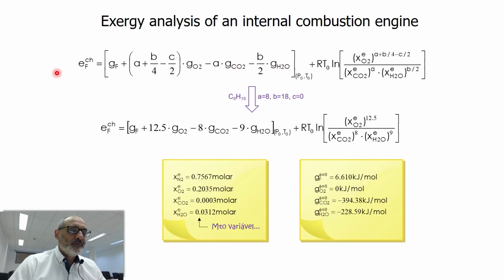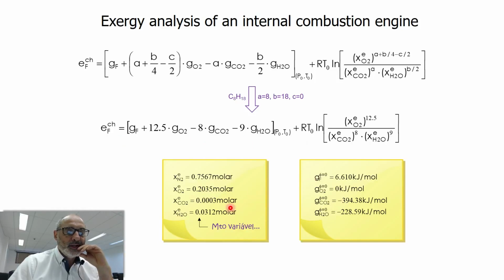We obtained this formula here for the chemical exergy of a generic fuel. So for octane, small a is equal to 8, small b is equal to 18, and c is equal to 0. When we replace these numbers here, and also charted data, we get this formula here.